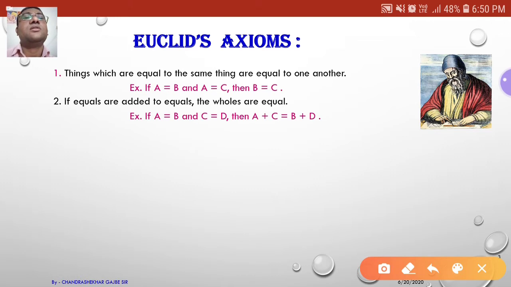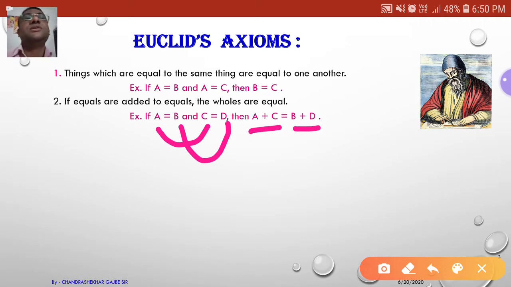When we take A equals B and C equals D, then we can say that A plus C, the addition of A and C, is equal to the addition of B and D. So A plus C equals B plus D. This is axiom number 2.